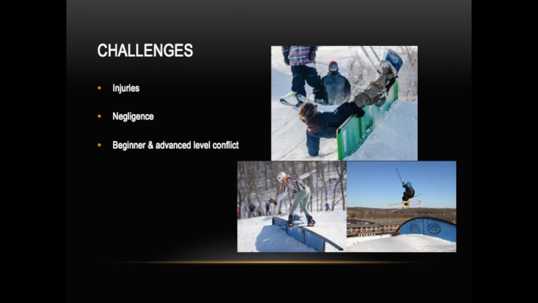They have currently and most recently designated two sides of the mountain, one for terrain parks and one for everyone else. This is because there's a lot of conflict between many skiers and snowboarders about where they were riding. Terrain park managers don't have control over who goes in the park, but they can encourage levels of non-terrain park riders to stay out to prevent further injuries, confusion, and conflict.